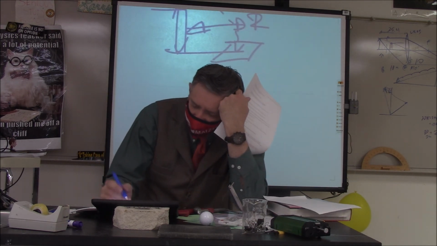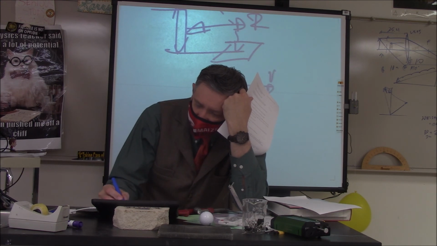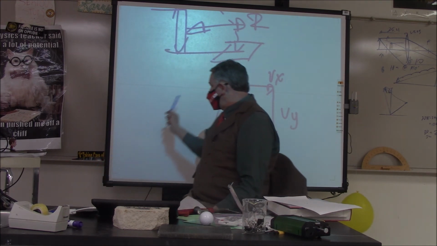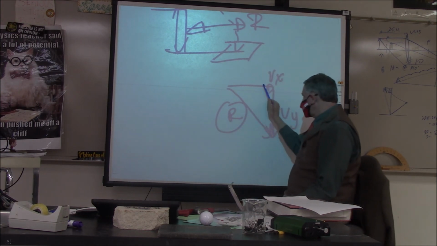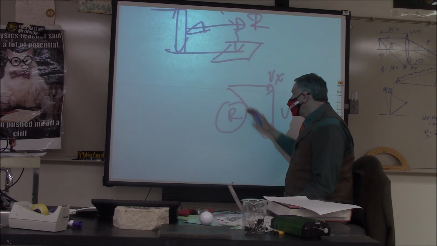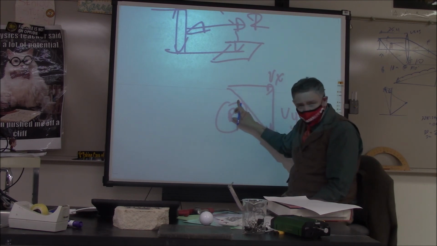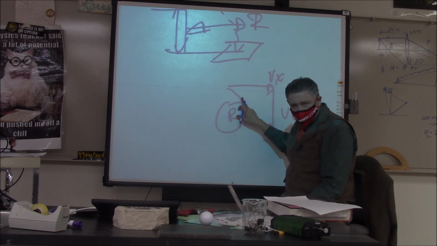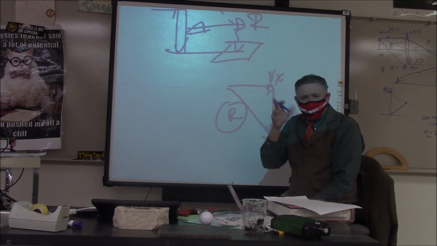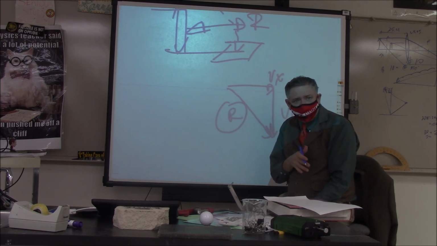So what I'm looking for on V resultant, at that point you're going to know Vx, you're going to know Vy, and this is what I want. I want the hypotenuse of this triangle, because this is going to be a right angle. And then I also want this angle right here, okay? Don't give me the one that goes all the way around like this. I want this angle, and that's usually around 70 to 80 degrees, okay?